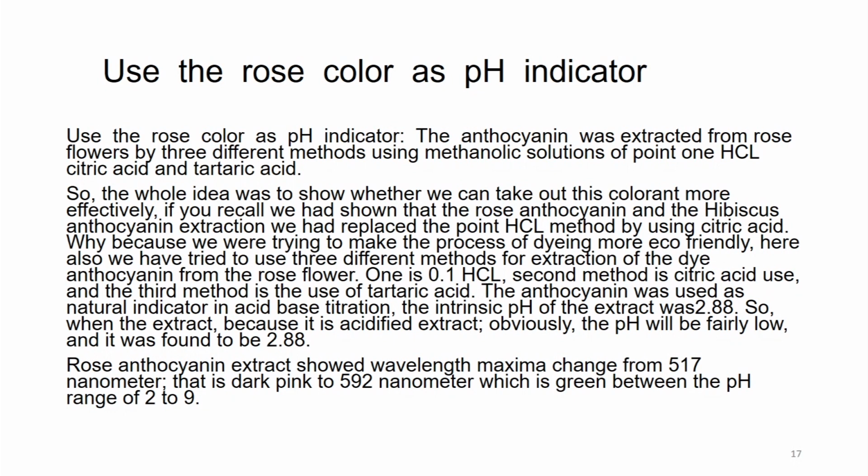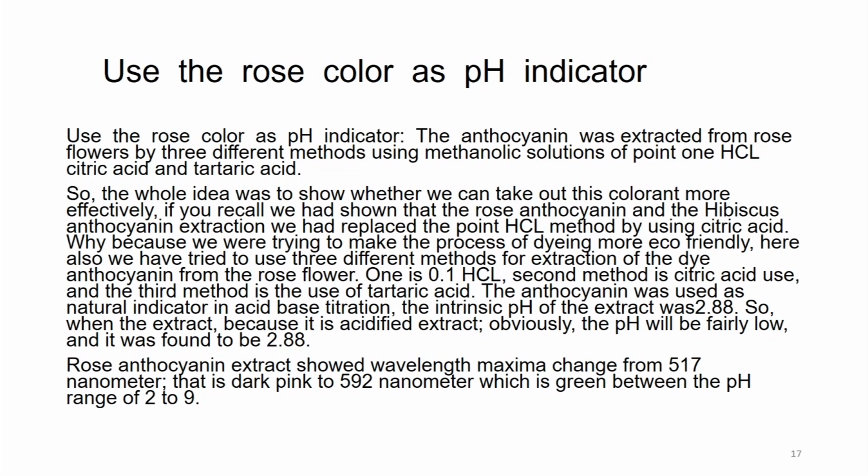Between 2 to 9 we can use it, and the lambda max changed from 517 nanometer to 592 nanometer. 517 is in the range of dark pink, whereas 592 becomes green in color.